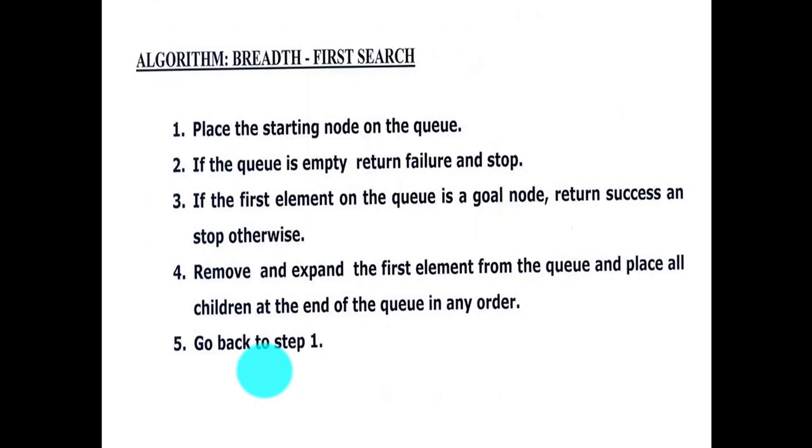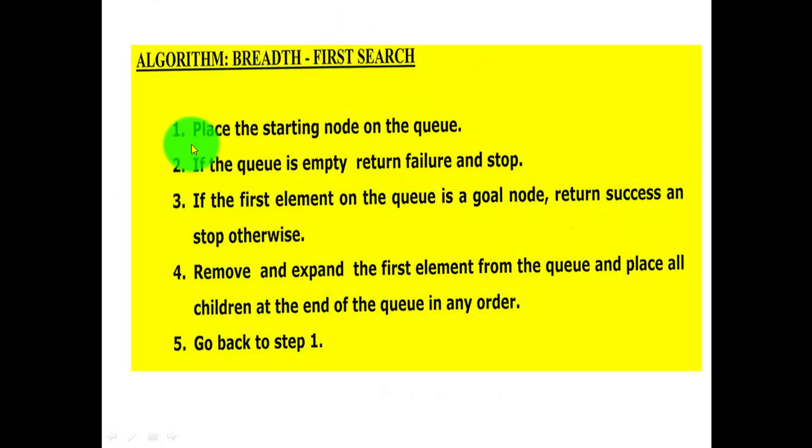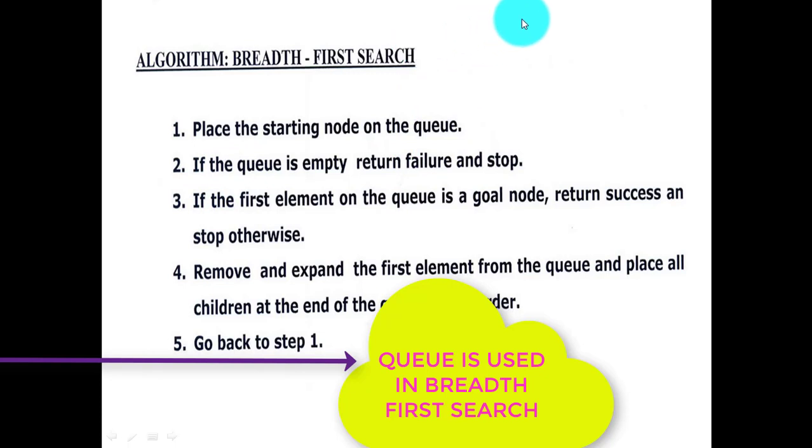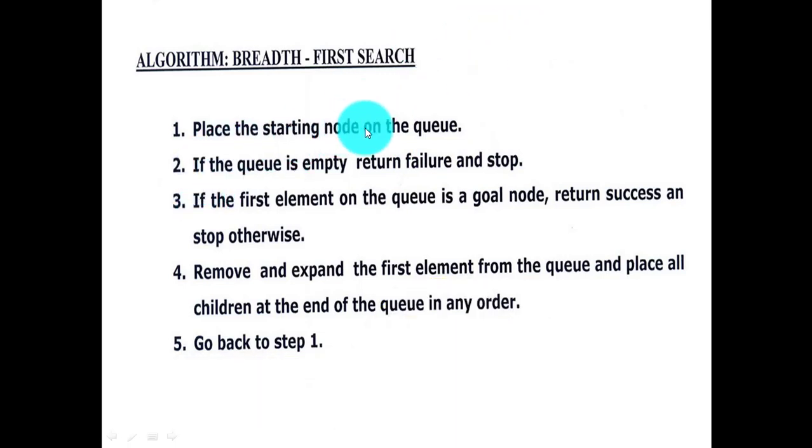Now the algorithm of breadth-first search. Step 1, place the starting node on the queue. Do remember that we are using the data structure queue with the breadth-first search technique. Queue is first in, first out. Step 2, if the queue is empty, then return failure and stop.